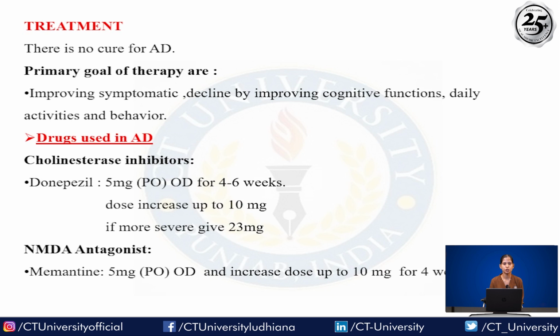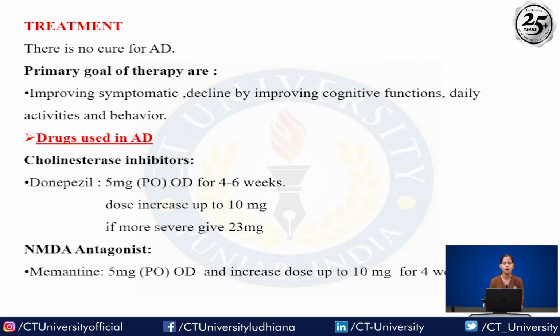So advise the patient to sit with their family members and friends to recover from their disease. First, improve the symptomatic relief, like if the person has memory loss, judgmental impairment or personality loss.